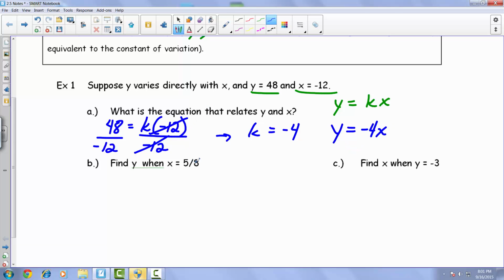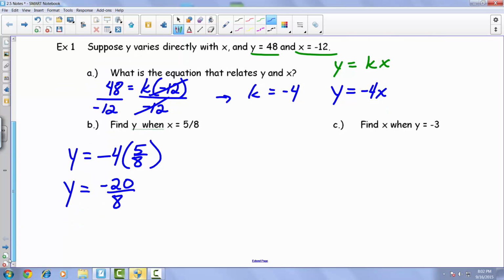Now for part B, it's saying find out what y is if you know that x is 5/8. So we end up with y, which we don't know yet, that's what we're trying to find, is equal to our constant of variation, negative 4, times the x value that we were given, 5/8. Well, it looks like our y value comes out to be negative 4 times 5, which is negative 20 over 8.